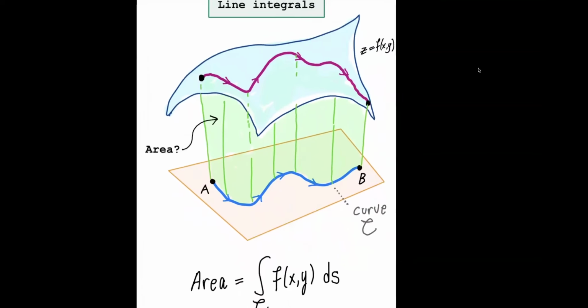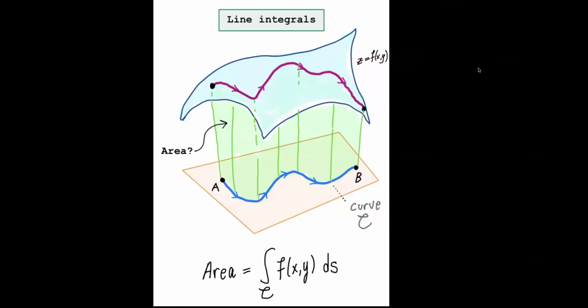And we'll see that the area can be given by an integral over the space curve, integrated against the function. This is giving us the height. And then we have ds, which is the arc length parameter we studied earlier in the semester.